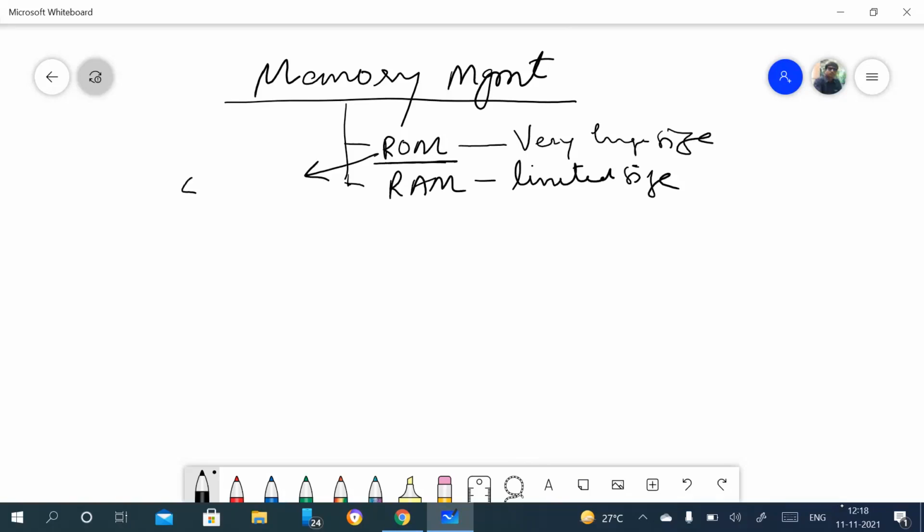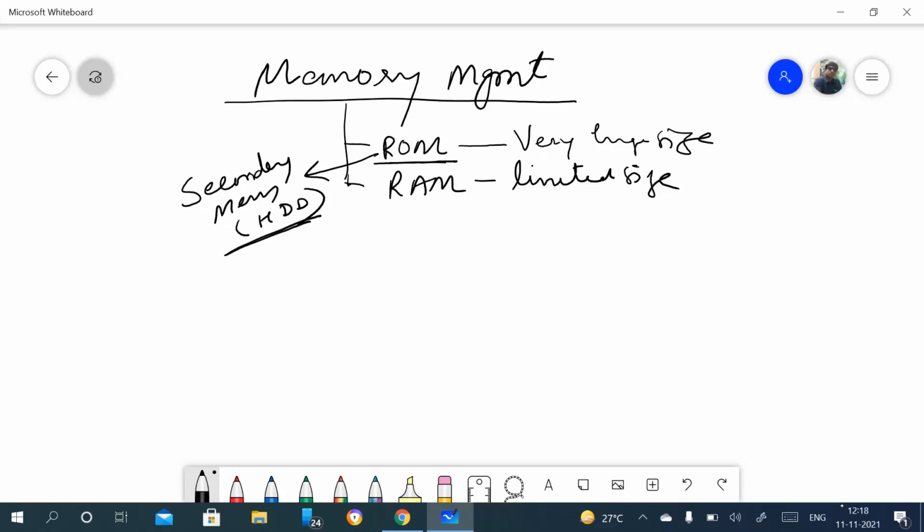So whatever data we normally keep, we keep on the ROM, which is also called secondary memory or hard disk, because it is very huge.